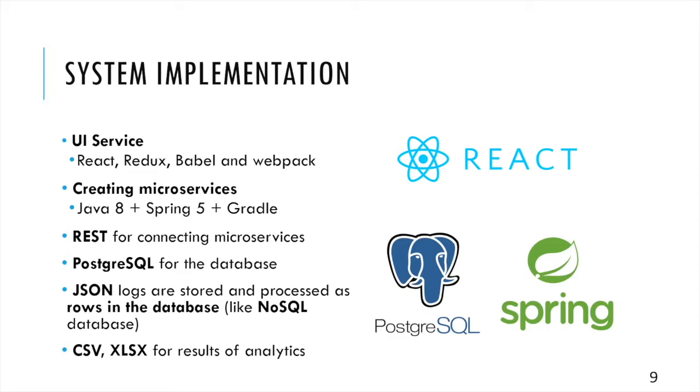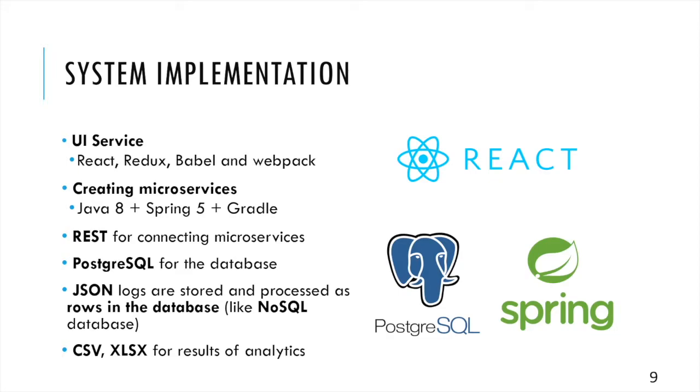All logs are stored as JSON files, and to store these logs we chose Postgres. So we use it as a NoSQL database, for the reason that Postgres contains enough functions for working with JSON and strings, and this helps us to write queries for working with the database much more productively.